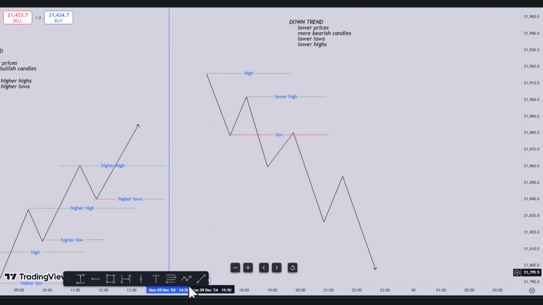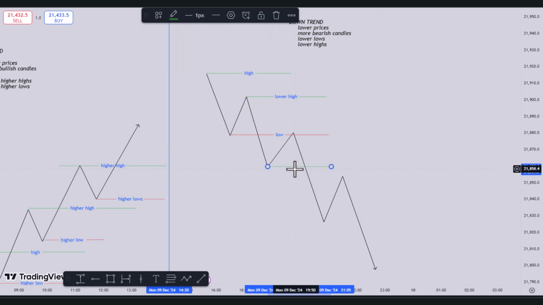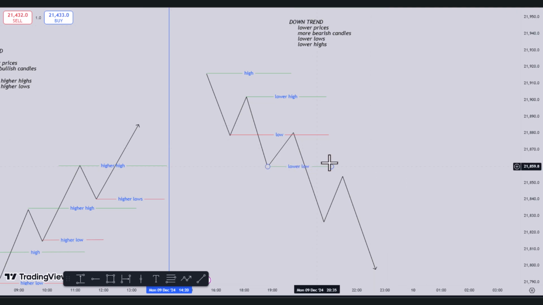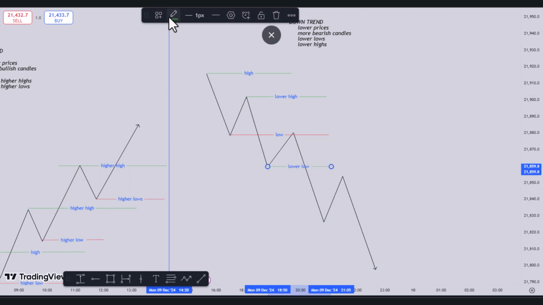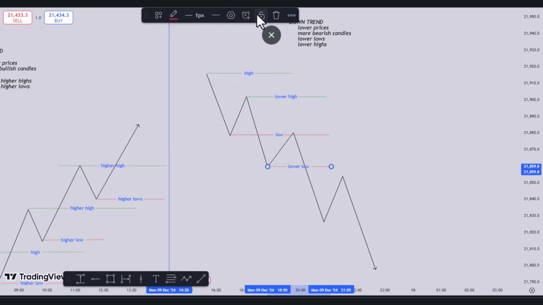The same applies to this. We've created a low lower than the previous low, that makes it our lower low. You've seen that?